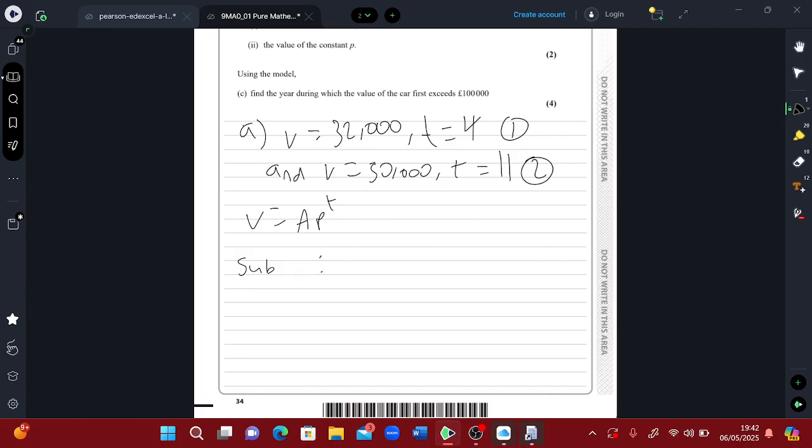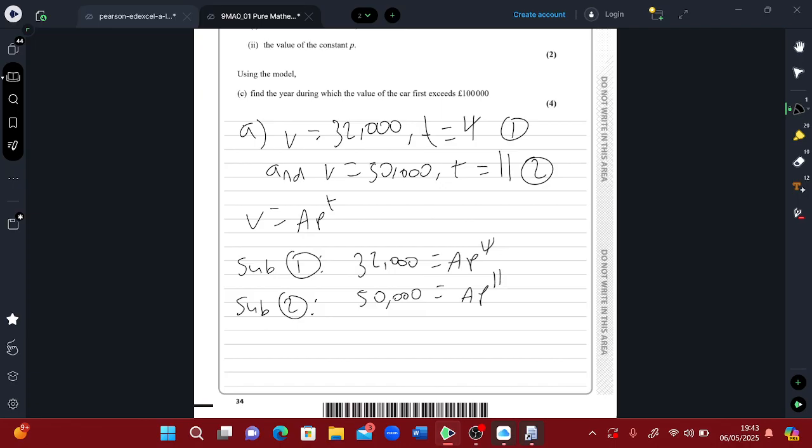A very messy one, though, I must say. Well, 32,000 is going to be A P to the 4. Okay, there's not much we can do here. Now let's sub 2 in. And now we get 50,000 is A P to the 11.